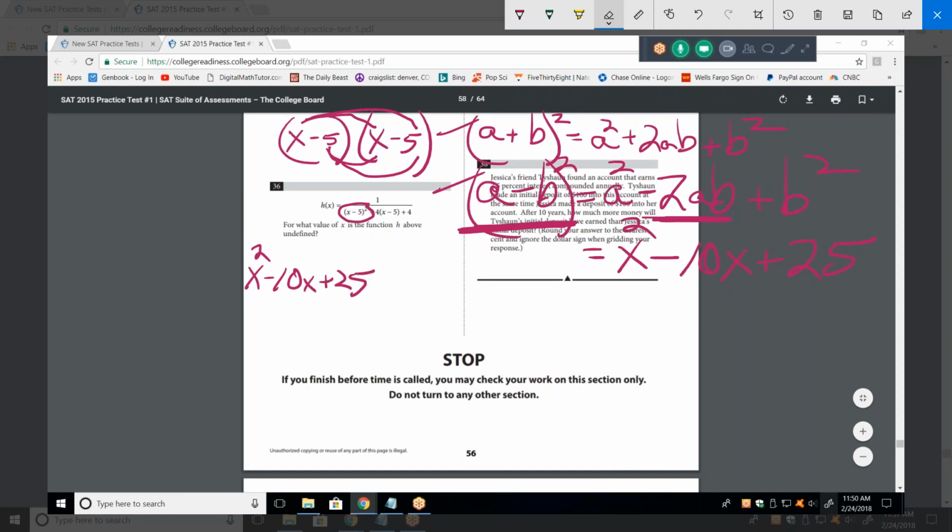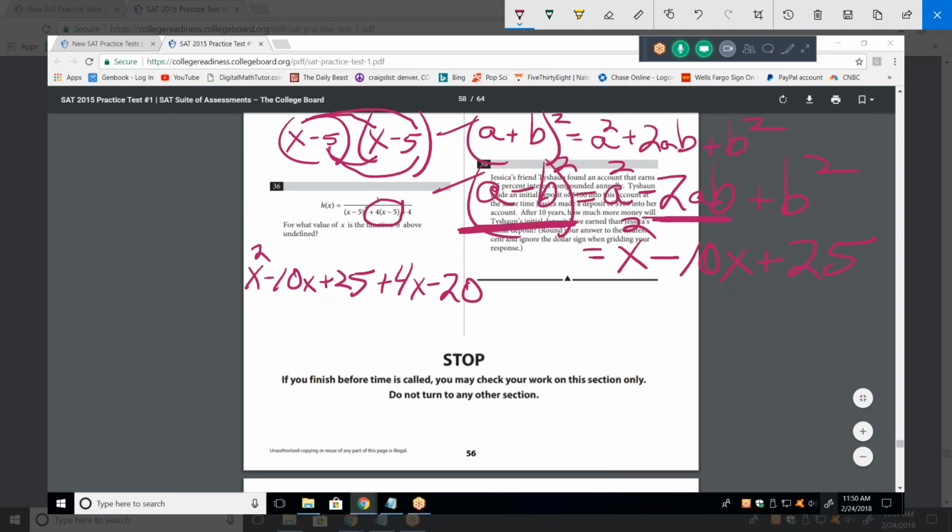And now let's finish the rest of it, add it, and simplify. So what does this become? So plus 4 times x minus 5. Distribute the 4. So 4x plus 4x minus 20.